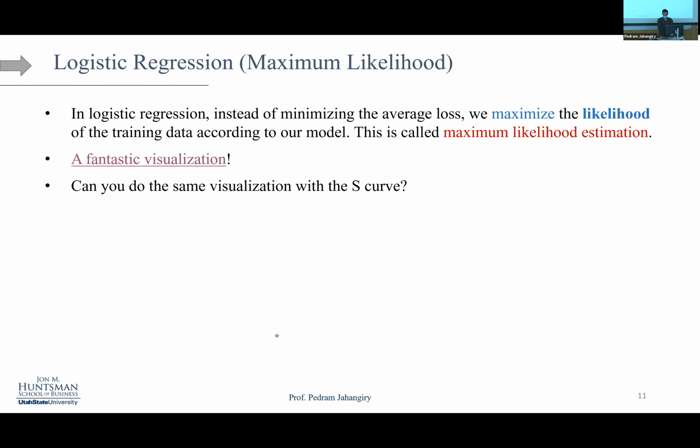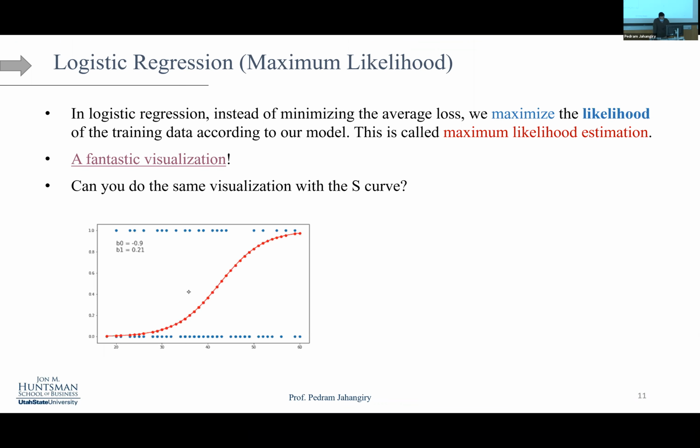So I ask you, can you do the same visualization with the S-curve? What are we trying to do? At the end of the day, MLE is trying to find B and W's. In this case, B is B0 and W is B1. Let's say we are in two dimensions, so it's trying to change these two numbers, and at some point it is maximizing the probabilities.